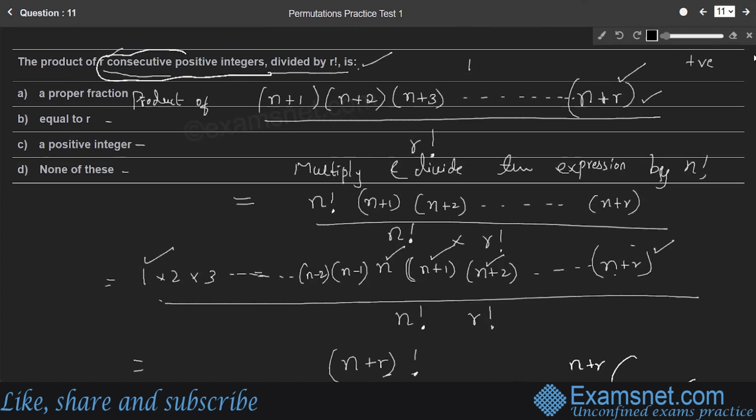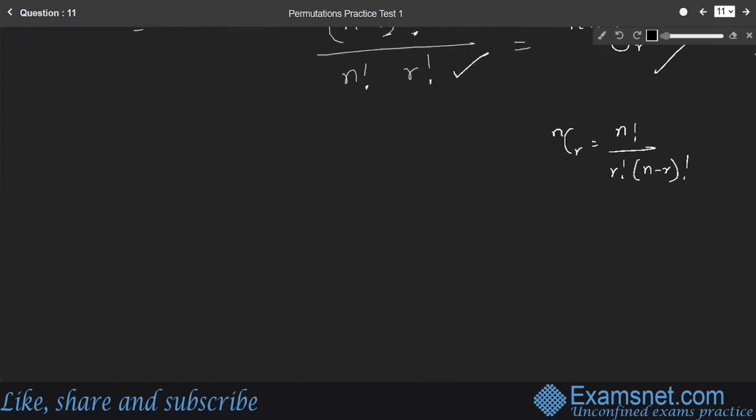Since n plus 1 up to n plus r are all positive integers, we consider n plus r a positive integer. Therefore, n plus r C r is also a positive integer.